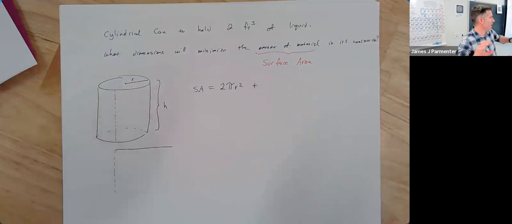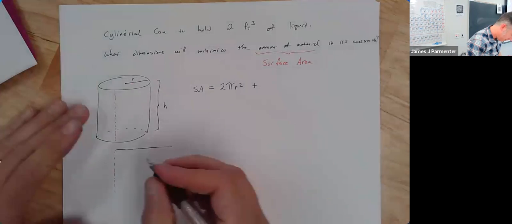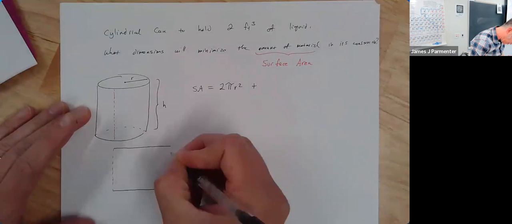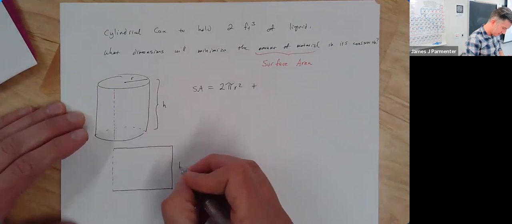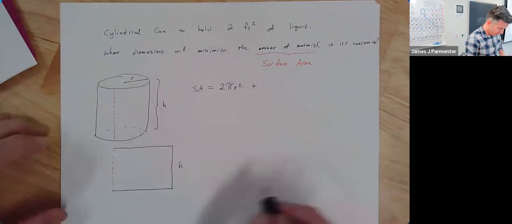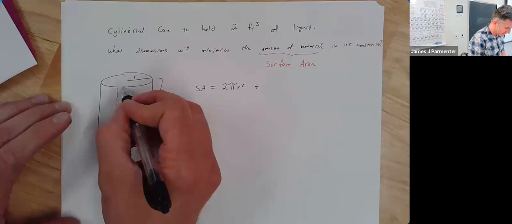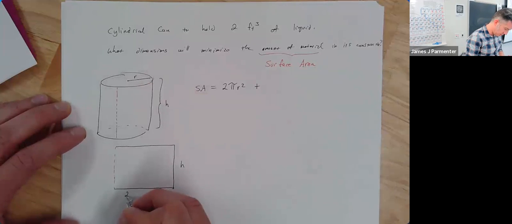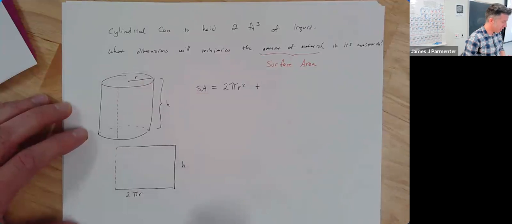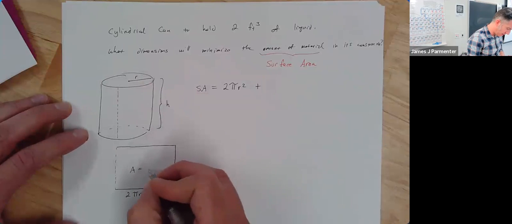Maybe you got one of the extra long ones, like the half sheets that are three sheets long, so it's really more of a rectangle than a square. But the point is you get this rectangle, and the height of that rectangle is still the height, and the length of that rectangle is the circumference of the circle, which is 2 pi r. And so the area of this around part is 2 pi r h.